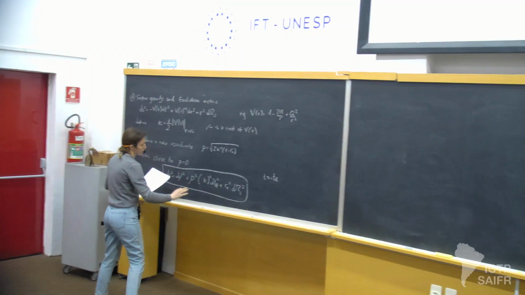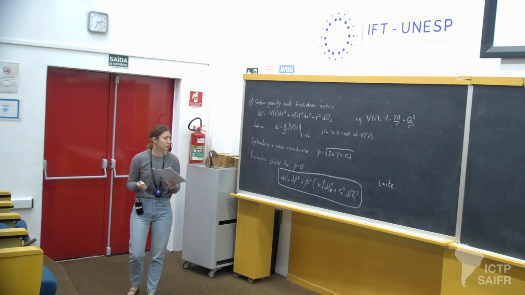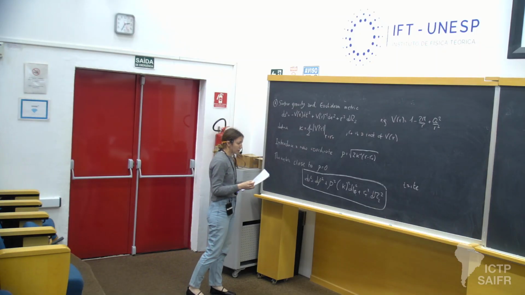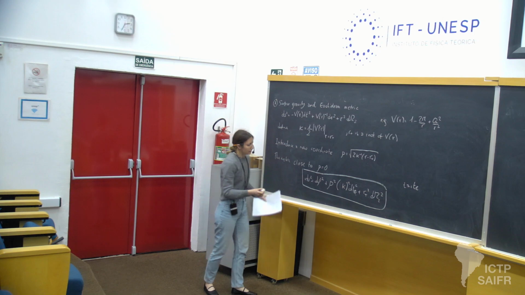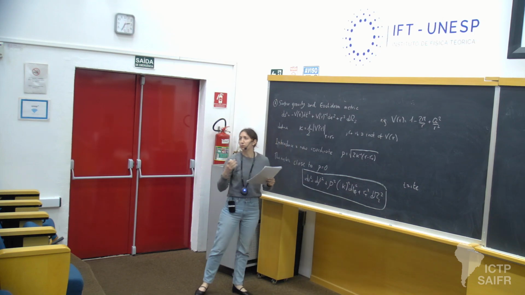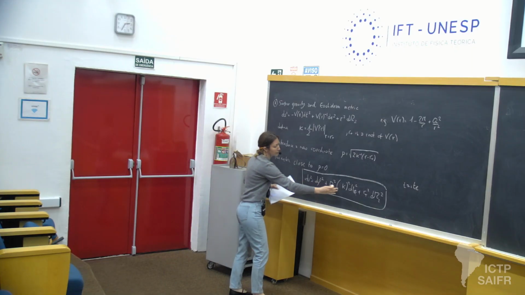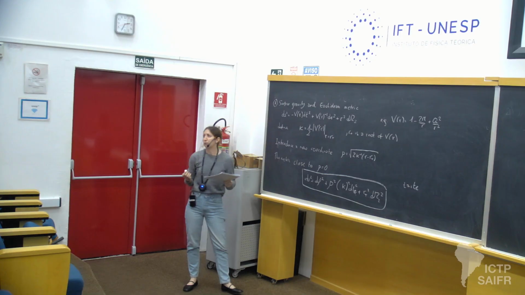This metric is just the metric of Euclidean two-dimensional space. It's flat two-dimensional space, which is perfectly regular at rho equals 0, provided that you take T_E to be an angular coordinate. So d rho squared plus rho squared d T_E squared is two-dimensional flat space written in polar coordinates.